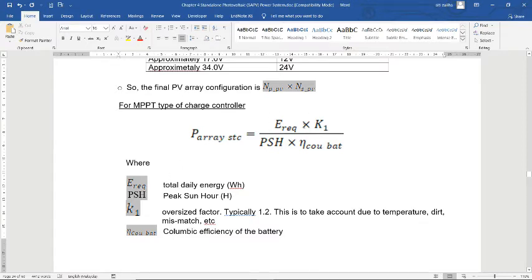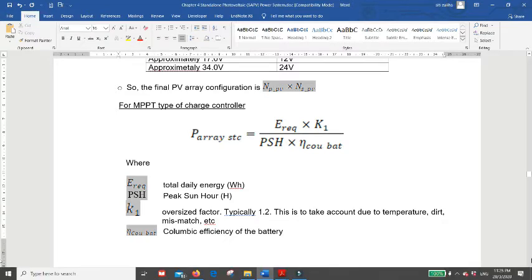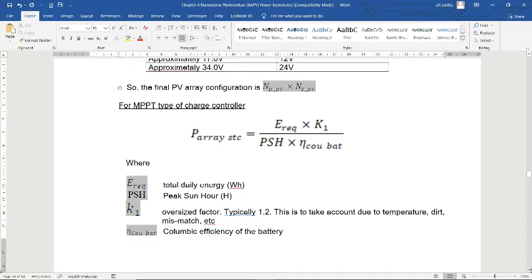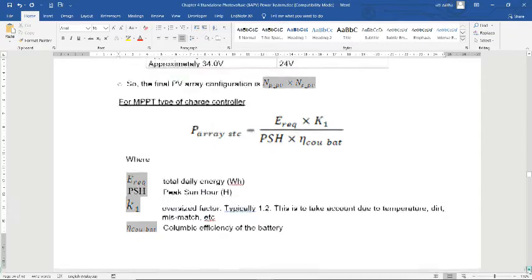So energy required, you calculate from the load in watt hour, this is PSH, peak sun hour, daily in unit hours, and the Coulombic efficiency of the battery. So now from this equation, you know the power from the PV array.